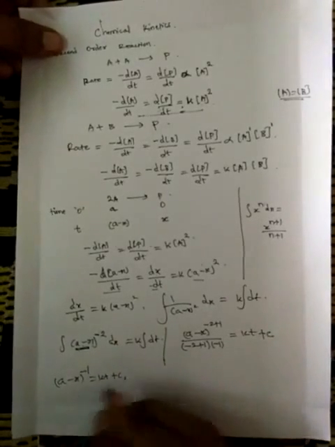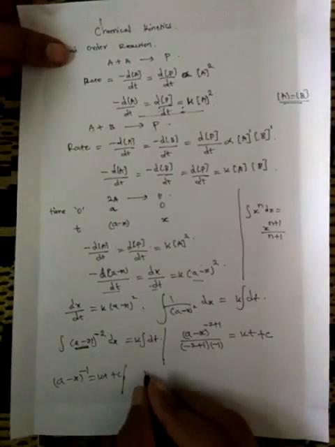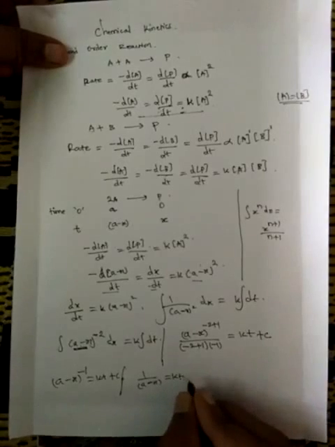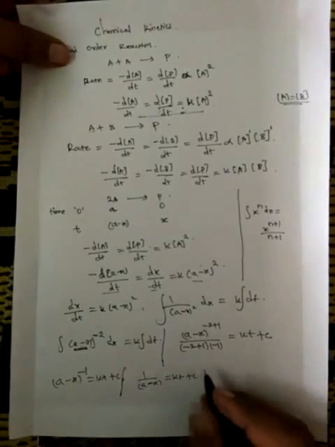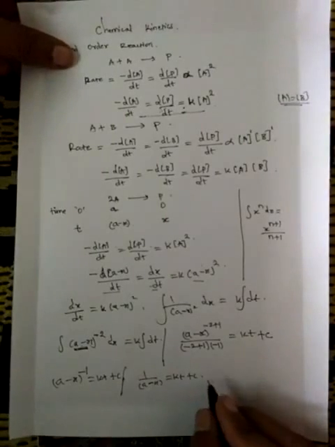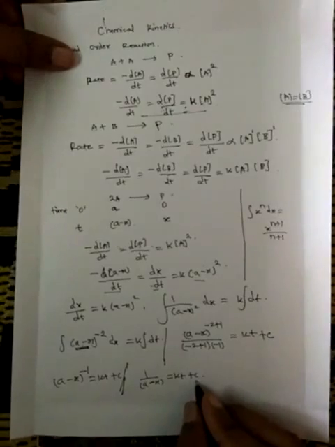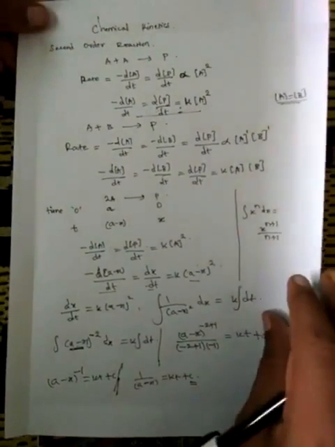So this is 1 by (a minus x) equal to kt plus c. So I want to find out the integration constant. Let me turn the paper. Right, okay.